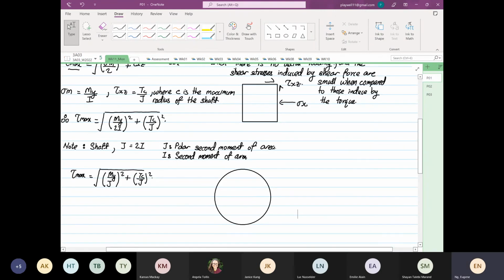These are two axes, our Y and Z, for example. So this is a cross-sectional view, and I'm going to sketch the distribution.